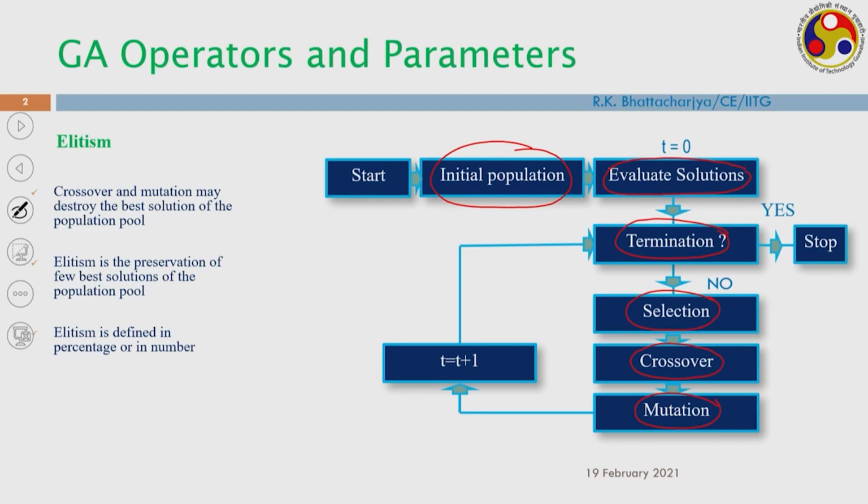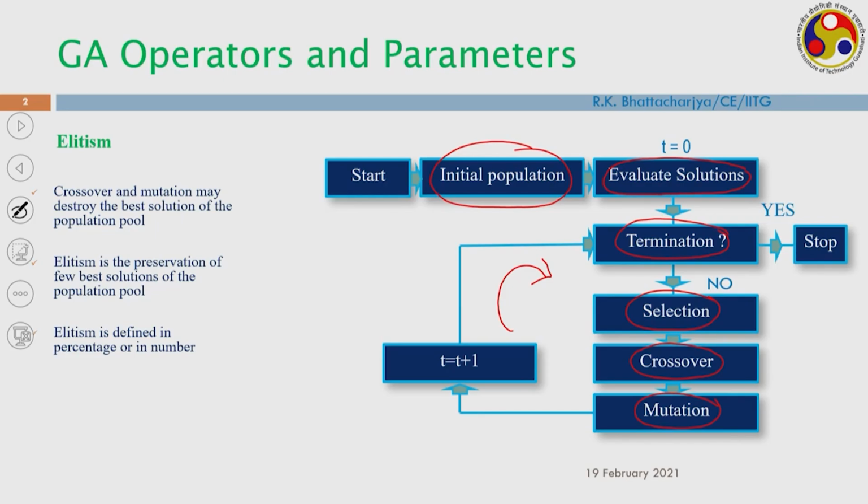Crossover is basically trying to converge to an optimal solution, and mutation is trying to diverge, going out of the optimum and exploring other regions. This is the function of selection, crossover and mutation, and you continue this iteration, or generation, until you meet the termination criteria. So this is the simple genetic algorithm.